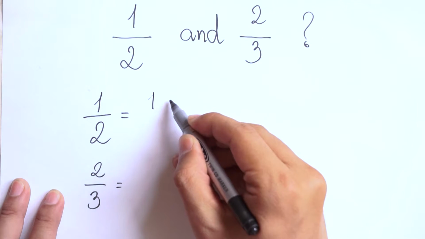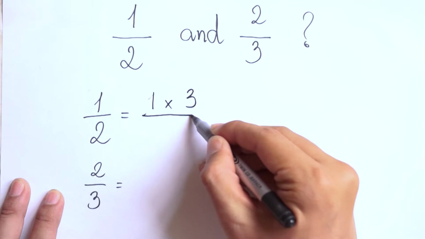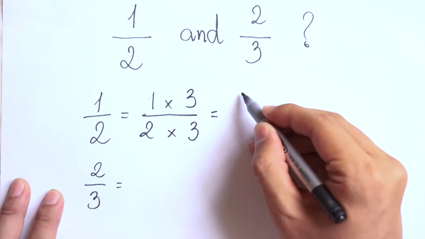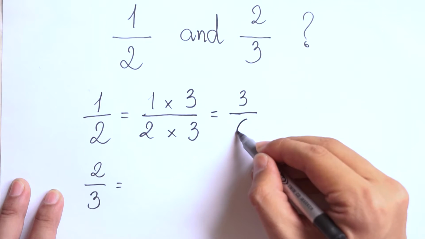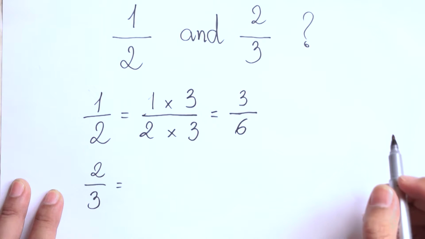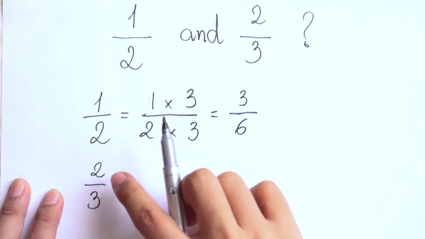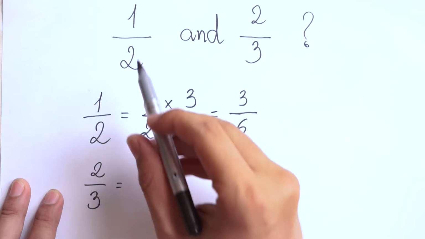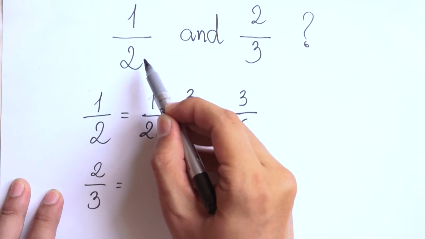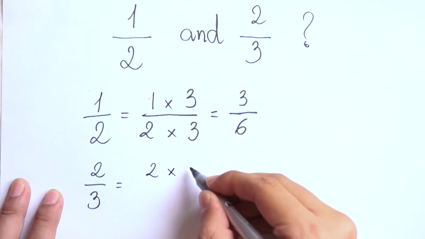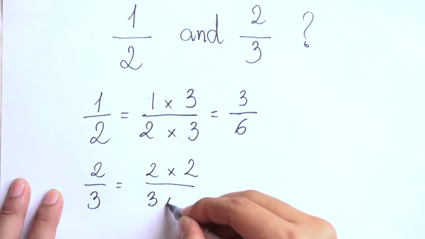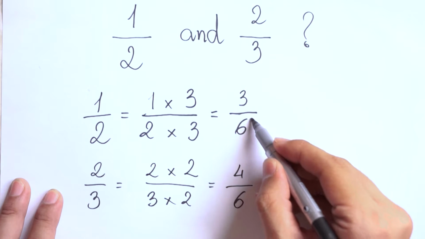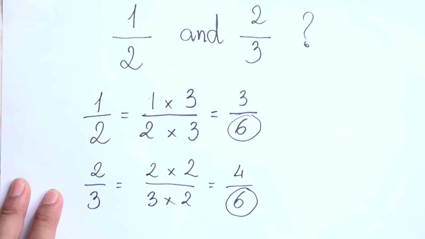That means, then we have the fraction 3/6. Then multiply both numerator and denominator of the second fraction by the first denominator. Now they have the same denominators.